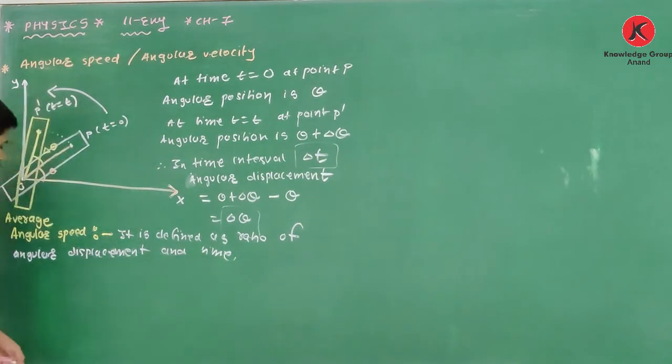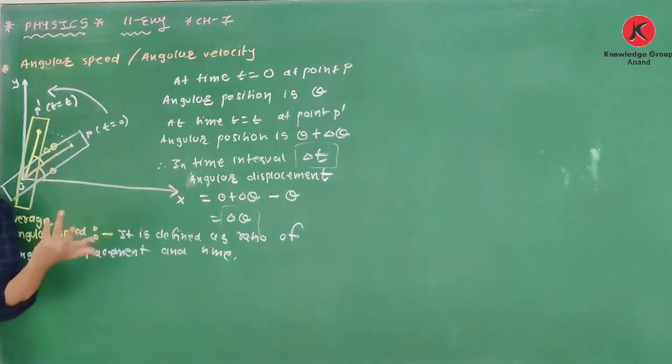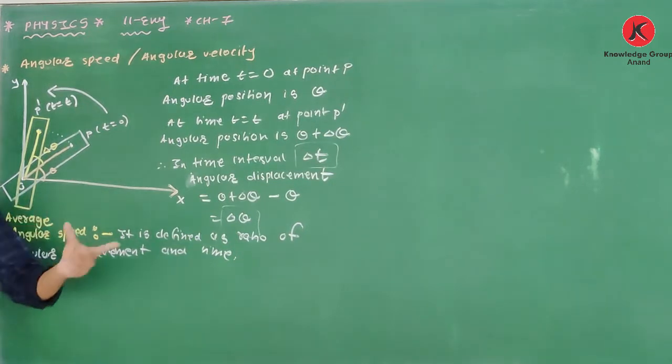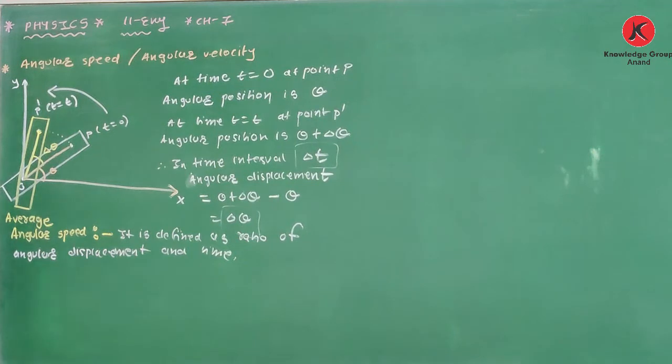Why do we have to study angular speed? Angular speed means how fast it is rotating. If a fan is rotating, how fast is it rotating? Earth is revolving around the sun, and also around its own axis. How fast is it moving? That is angular speed.